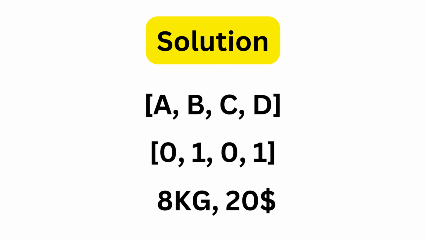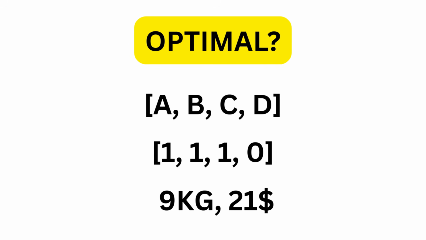So in our solution, the items B and D are carried. The total weight becomes 8 kg and the total value becomes $20. Is it the optimal solution or are we stuck in local maxima? Let's check this state. If we select the items A, B and C, we get the weight of 8 kg with a value of $21, which is better than the previous state.